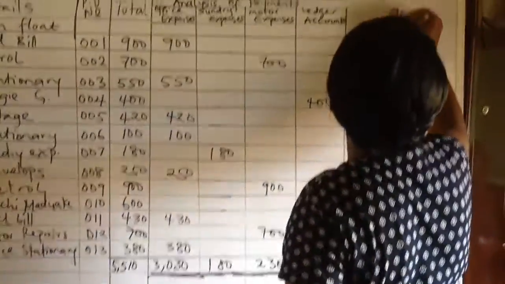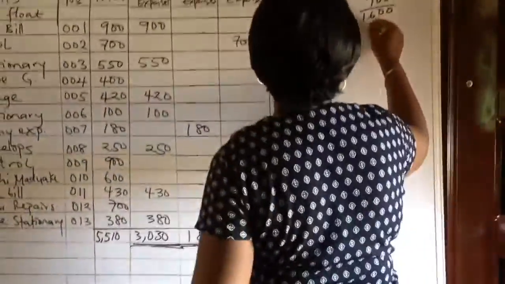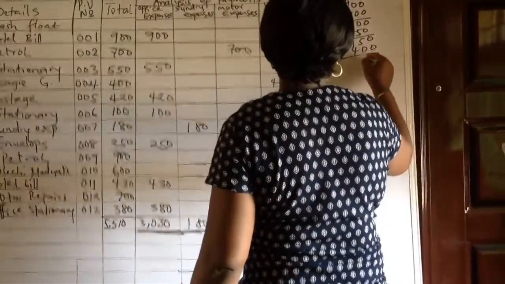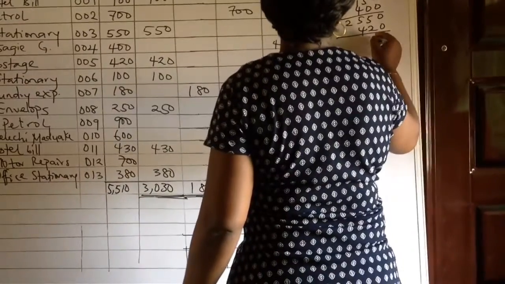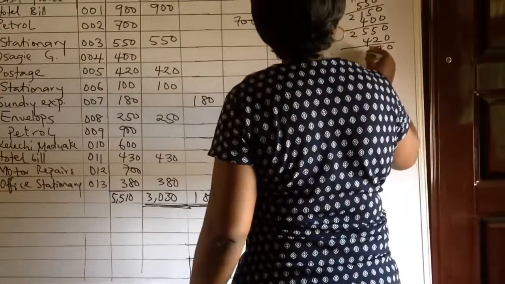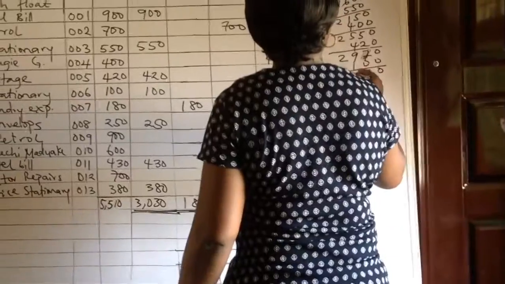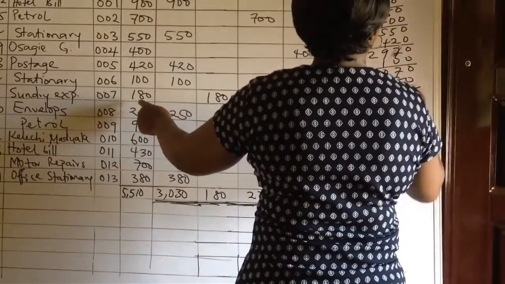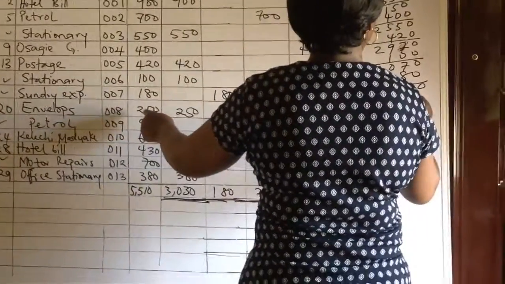So you have 900 plus 700, 1,600 plus 550, 2,150 plus 400, 2,550 plus 420, 2,970 plus 100, 3,070 plus 180, plus 250.